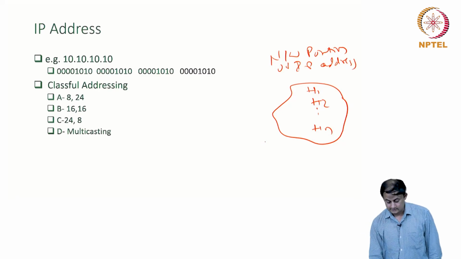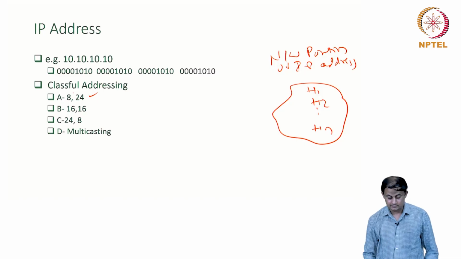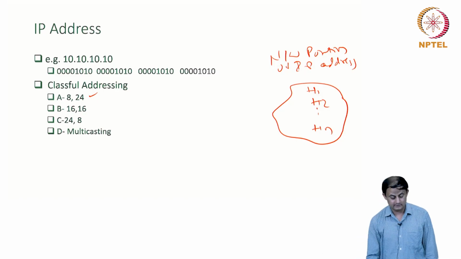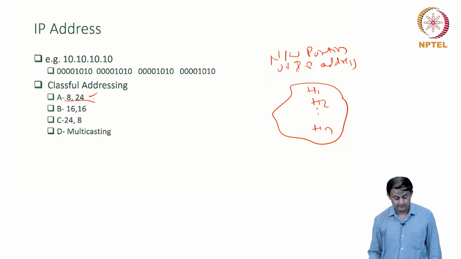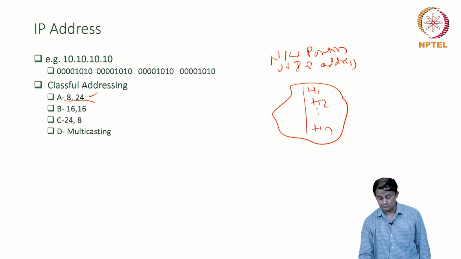Let us say this is a class A address. A class A address reserves 8 bits which are common for the network and the remaining 24 bits for the host. It is 8 and 24. The first 8 bits are common for all these n hosts, and the remaining 24 bits are varying.